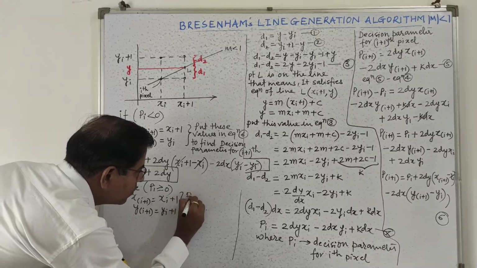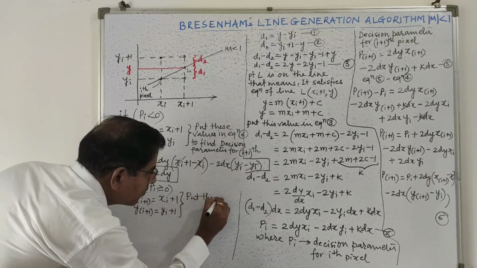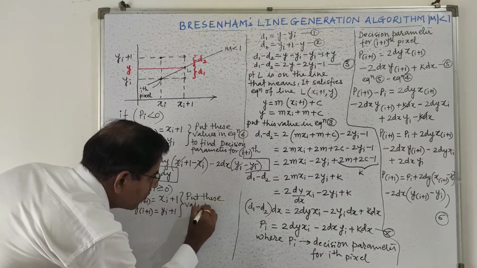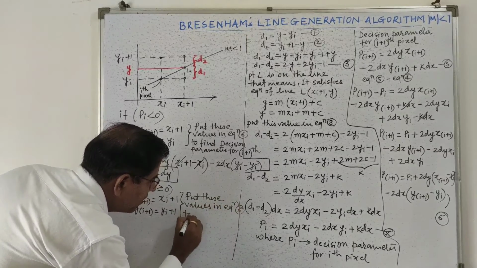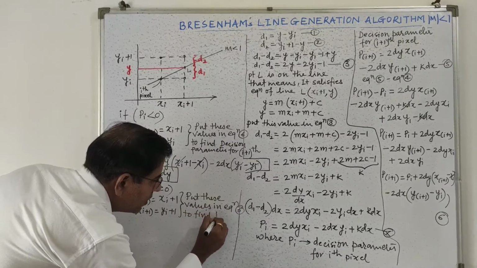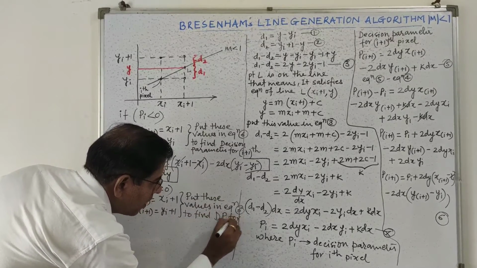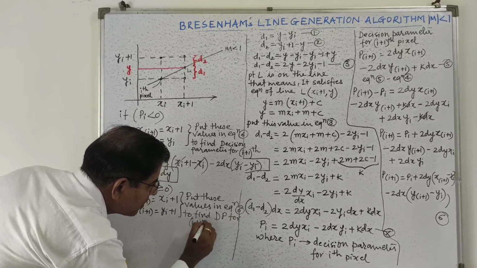Now put these values in equation 6 to find the decision parameter for the i plus 1 pixel.